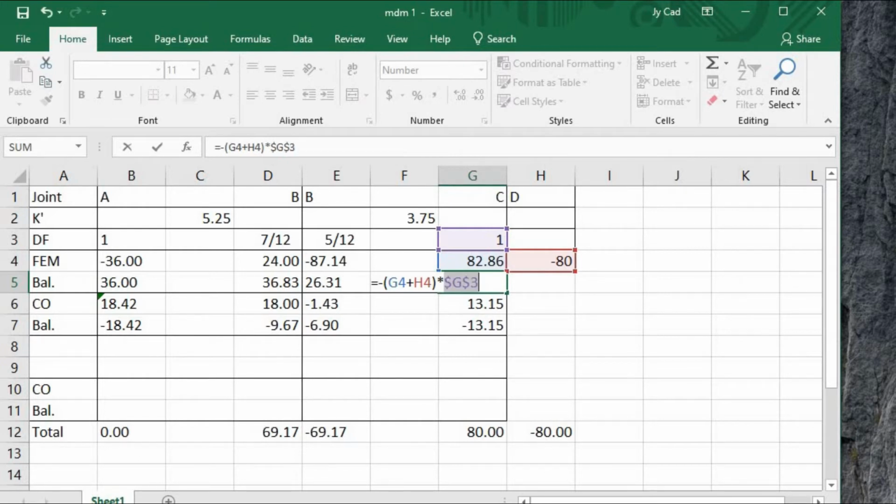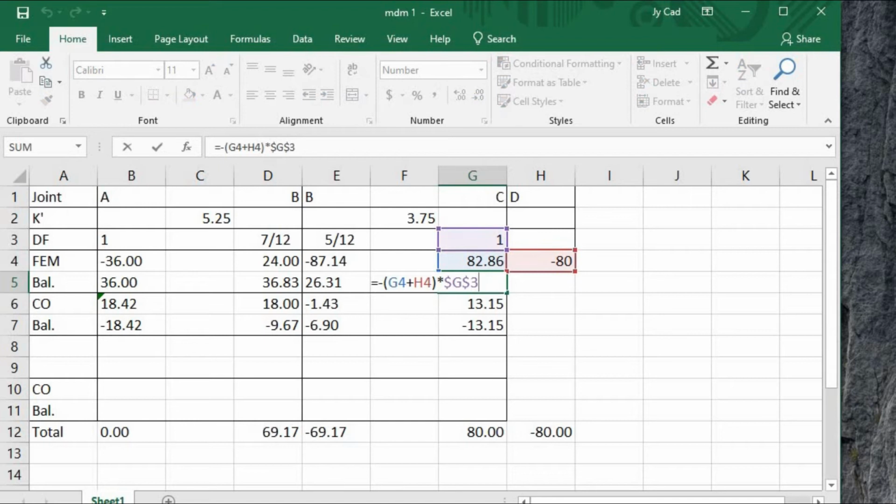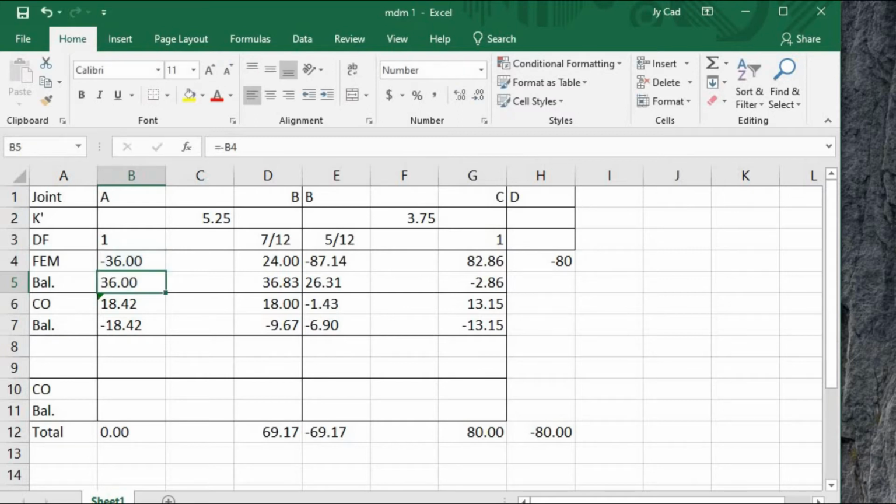Pwede rin yan, ano? So check natin. Okay na yan. Okay, okay. Ito, mag-negative 1 lang yan. Sa carryover naman, okay lang yan. Half of the balance moment at the other end.